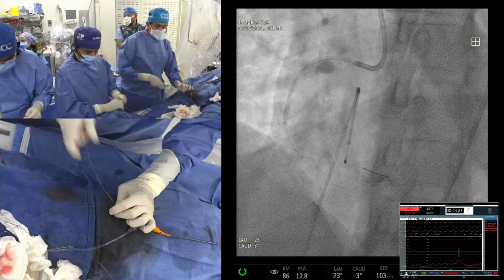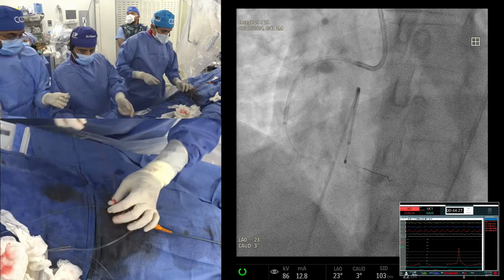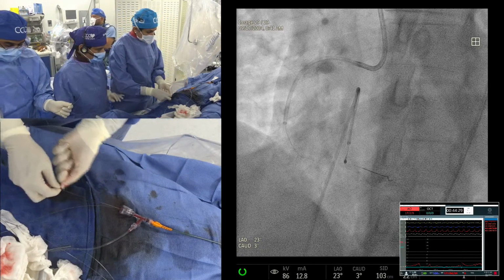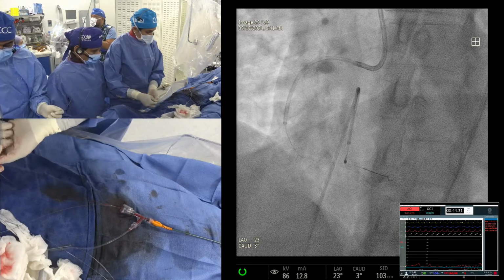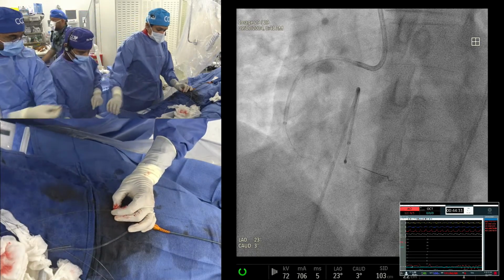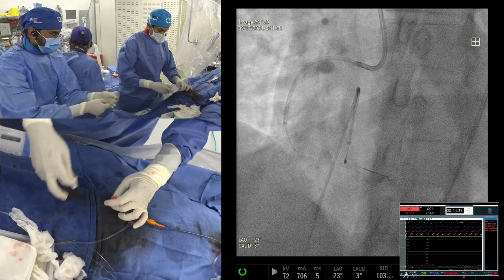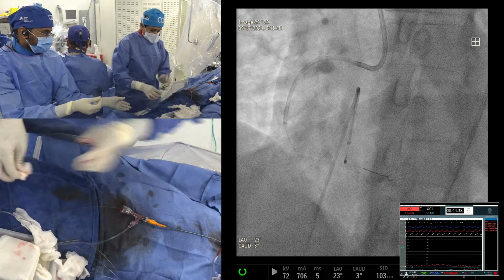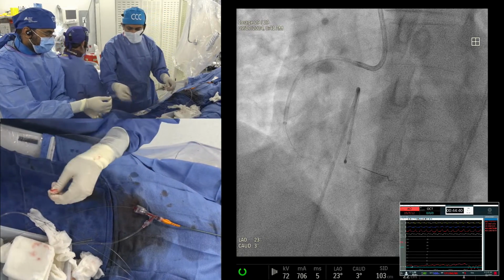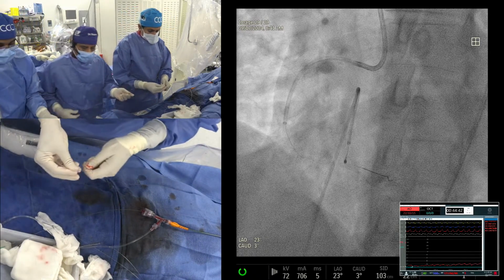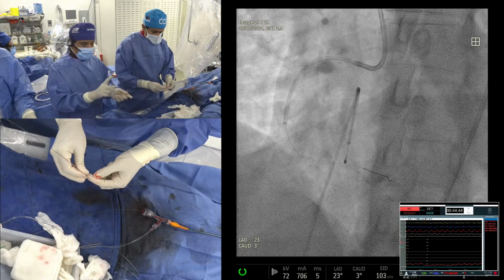I think you can learn about the appropriate use of the guideliner. Carelessness with using guideliners has caused many complications. The point is that you should always try to advance the guideliner over a balloon.